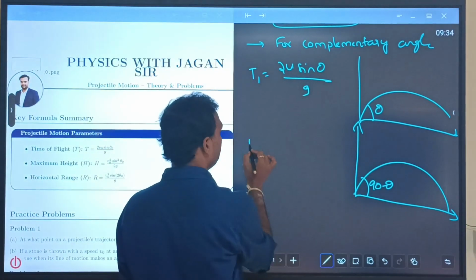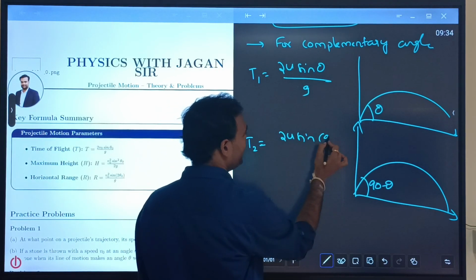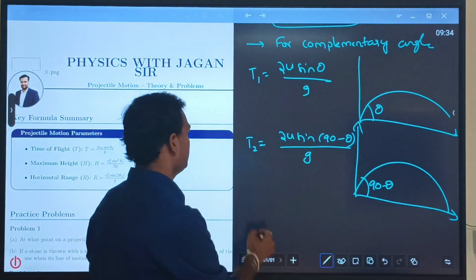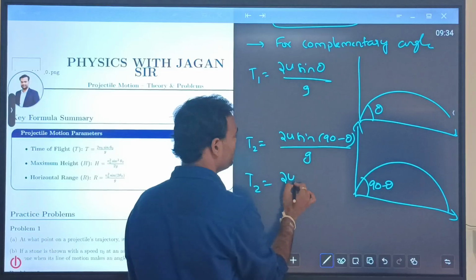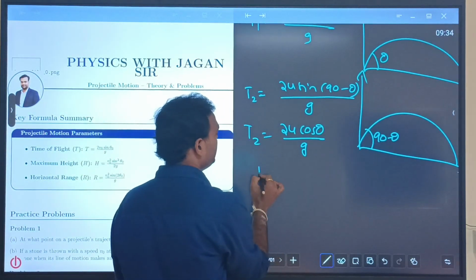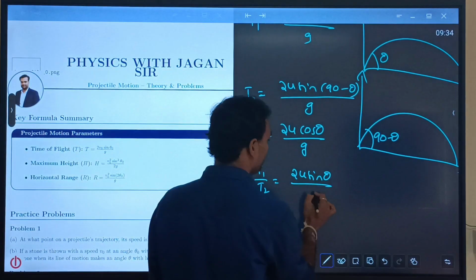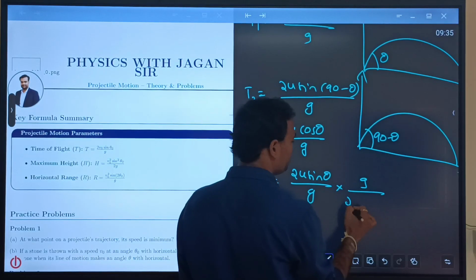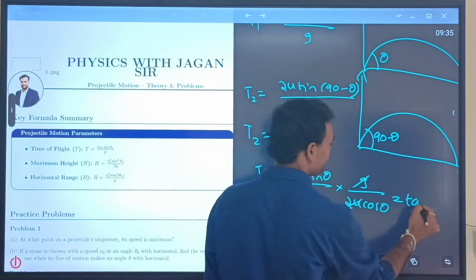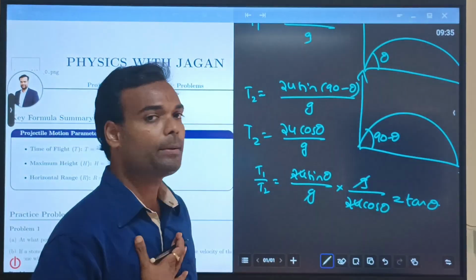This will give the time taken as t2 = 2u sin(90 minus theta) by g, which is 2u cos theta by g. Now t1 by t2 is equal to 2u sin theta by g into g by 2u cos theta. So these will get cancelled, and this gives us tan theta as the answer. Tan theta is the answer, right? I hope I am clear from my side.